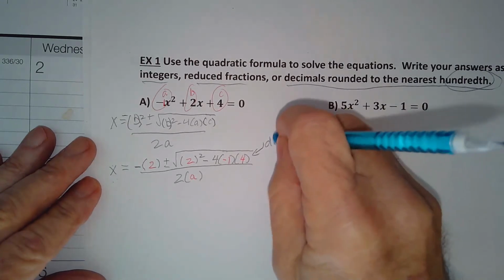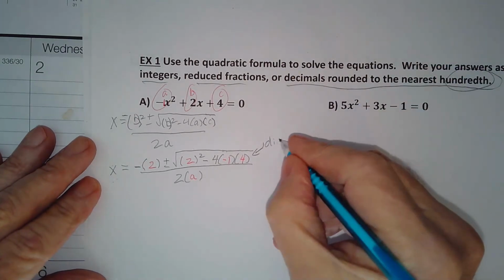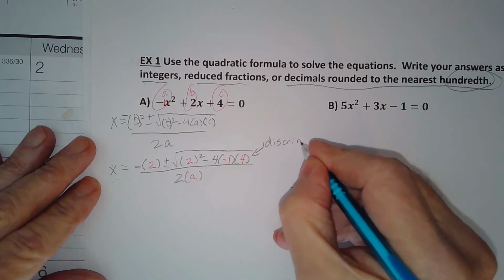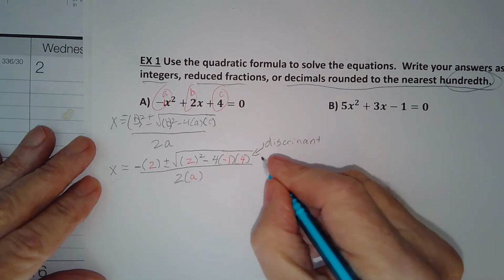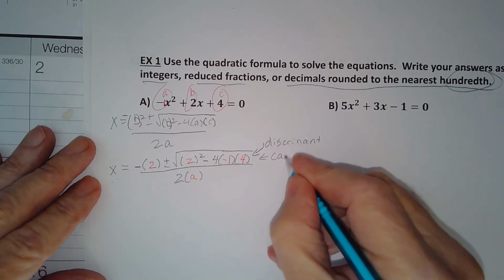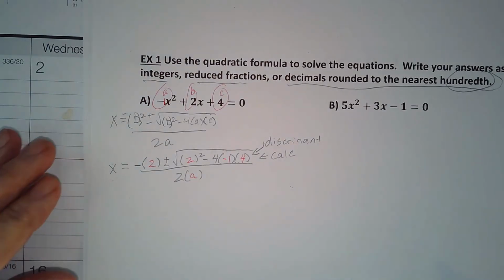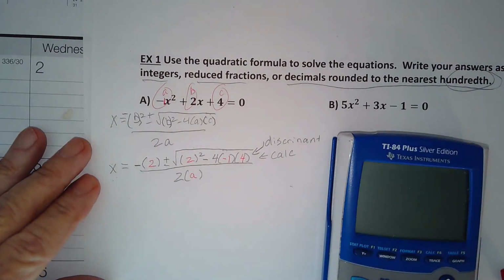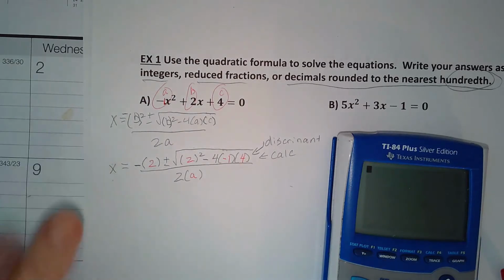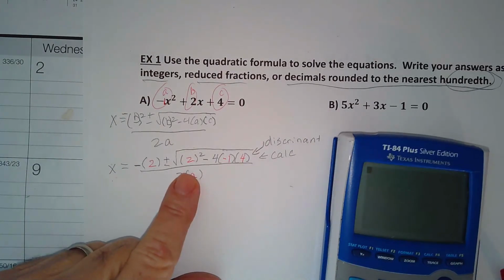Let me spell that right. Discriminant. Okay. And what I want you to do is use your calculator for this. So get my graphing calculator over here. And turn the silly thing on and clear it. All right. So what I'm going to do is I'm going to type what I see here.